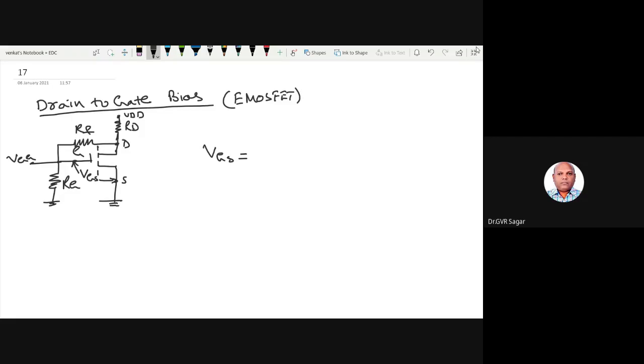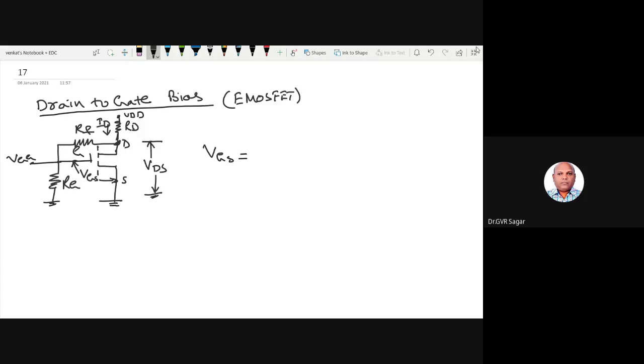So here I need the drop across this. What is the voltage here? This voltage I am taking as VD, or I can call it VDS. From here to this point, the voltage drop is VDS. The current passing through this is ID.